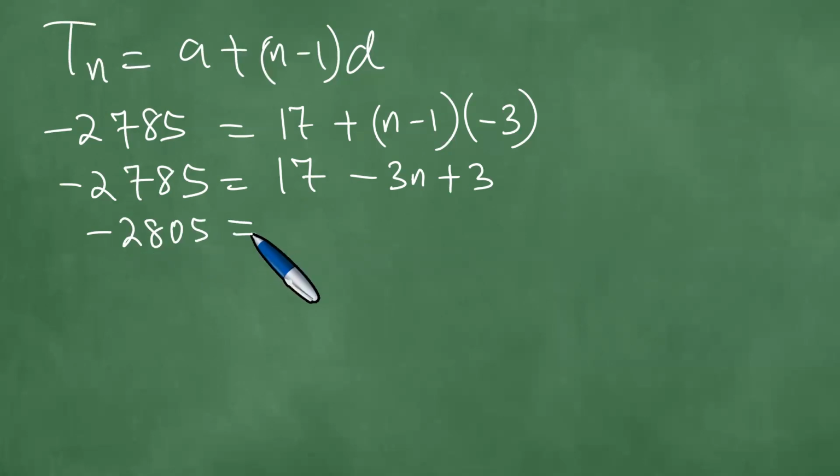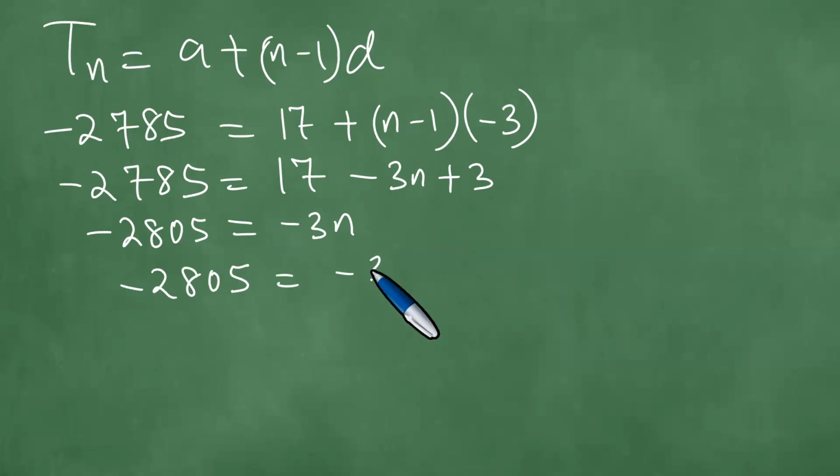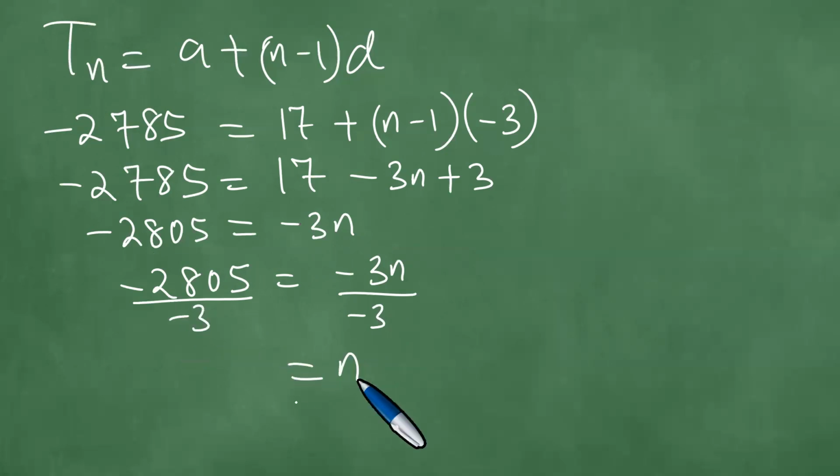And this is the same as minus 3n. So we have minus 2805 equals minus 3n, you divide by minus 3 on both sides. What is the result? n equals 935. So this is the answer.